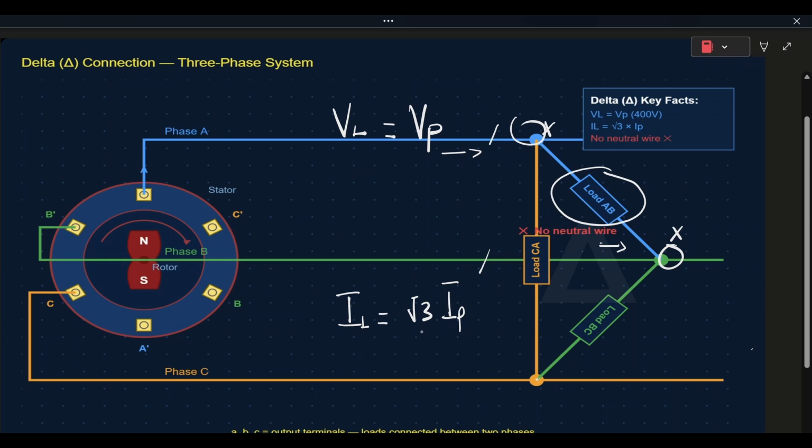This is because each line feeds two phases. So you have a single line feeding two phases. Because the delta configuration usually produces balanced power, it's used for three-phase industrial motors or equipment.